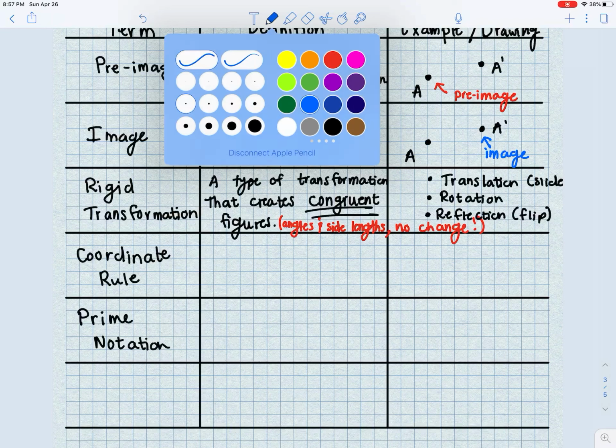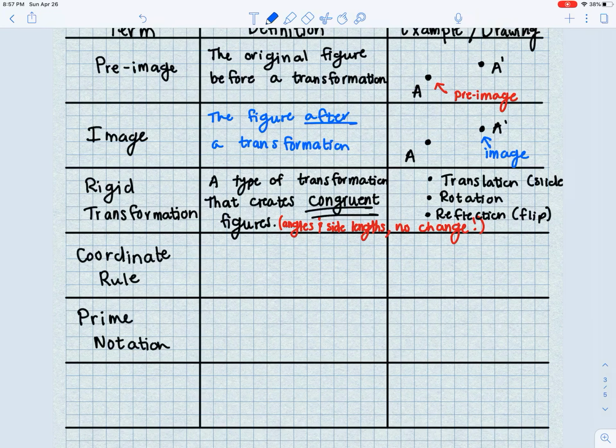And how I want you to think about these is, well, it's just a rule that signifies how the coordinates of a point change. Now, with all 3 types of rigid transformations, you guys are going to be creating these coordinate rules.